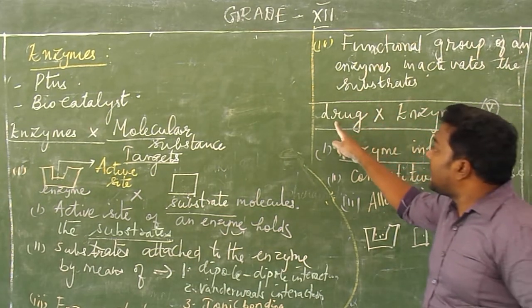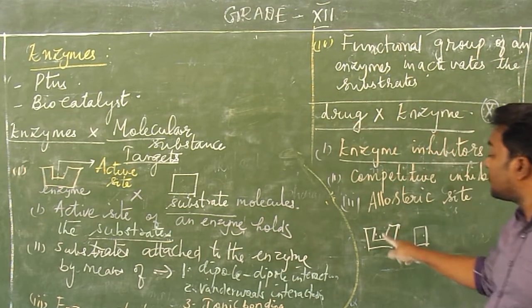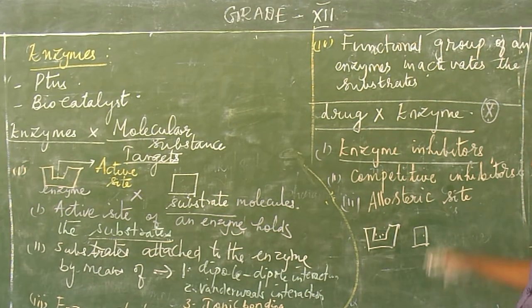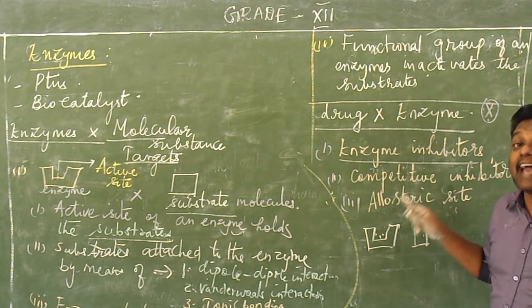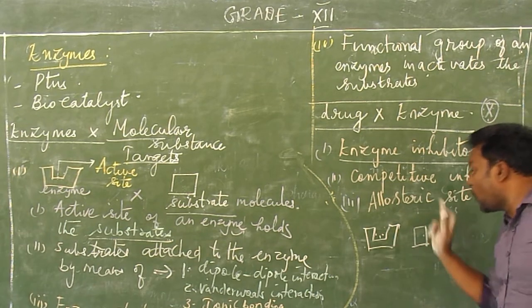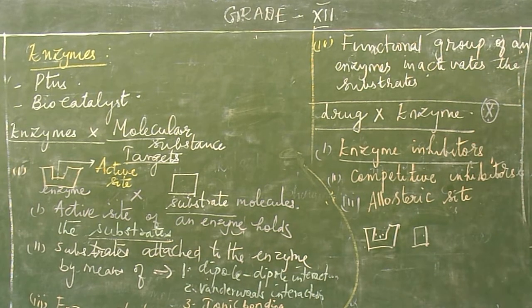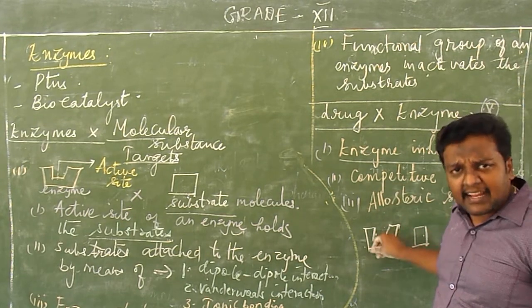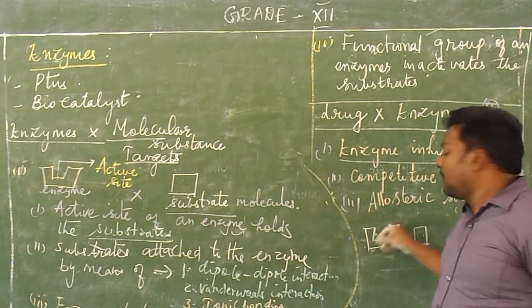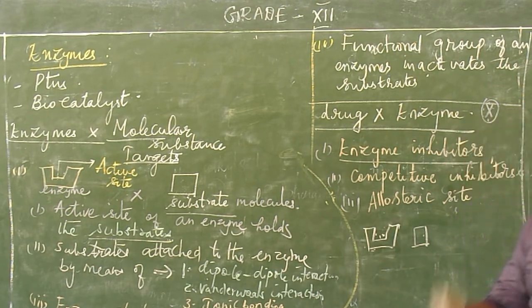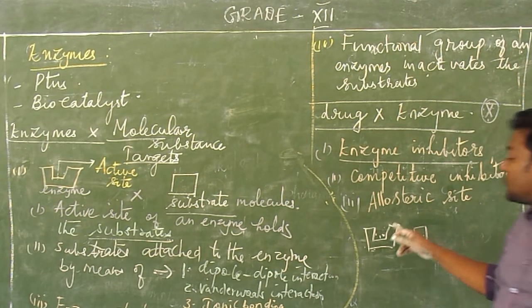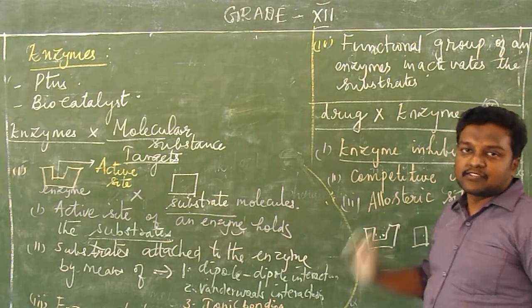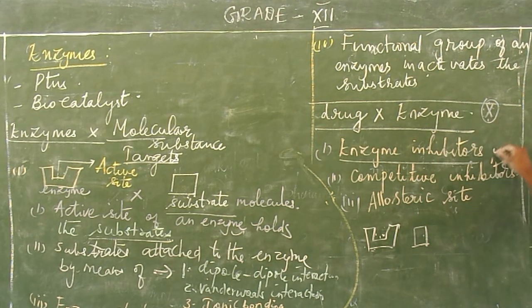As and when I take the drug, it goes and inhibits the active site of the enzyme from holding the substrate molecule. It deactivates the enzyme, particularly the active site, so it cannot hold the substrate molecules. That is called enzyme inhibitors.